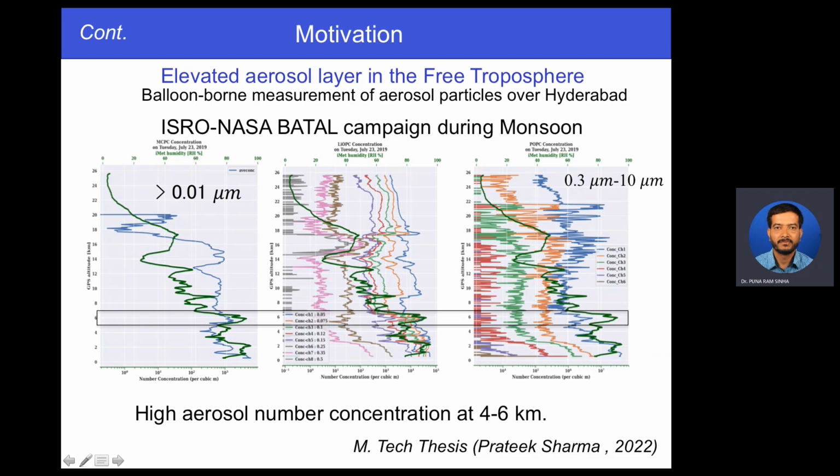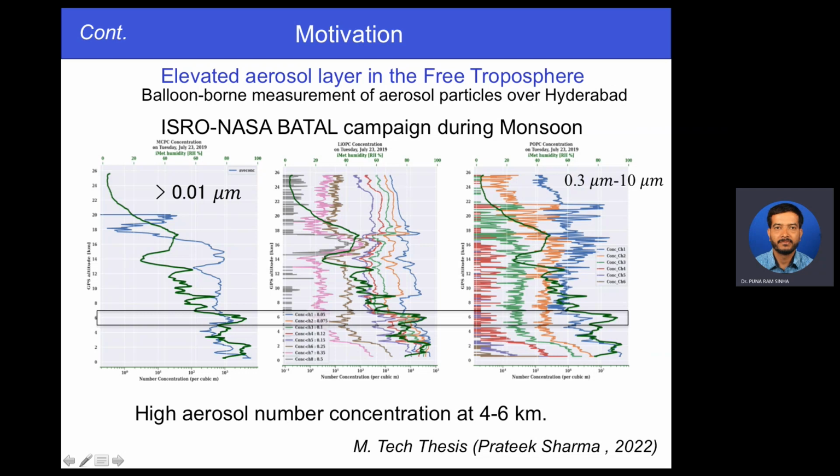This is the aerosol number concentration profile as a function of altitude for one instrument called MCPC, mixing condensation particle counter. Then we also have a few other optical particle counters, LIOPC and POPS, which provide the number concentration of aerosol at different channels.